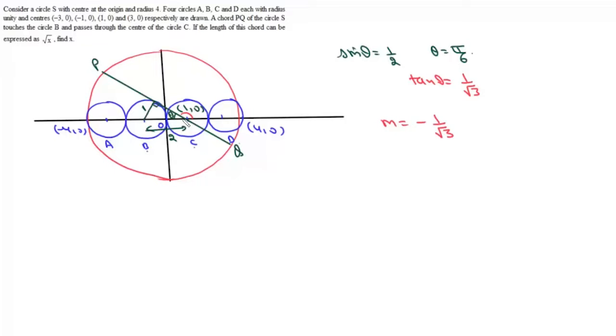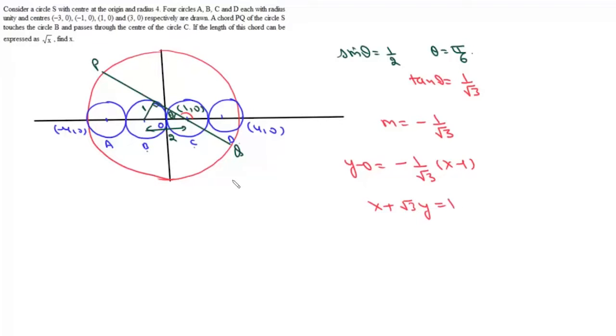So the slope of this line is minus 1 by root 3. Once we have the slope and this point, we can write the equation of this line as y minus 0 equals minus 1 by root 3 times x minus 1, or simply x plus root 3y equals 1.